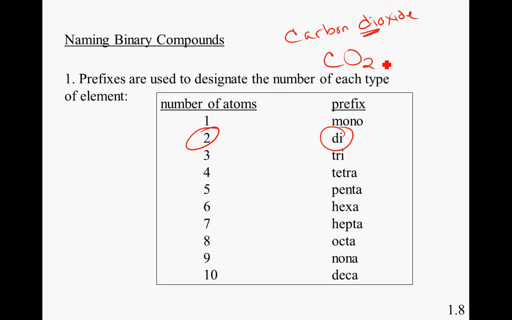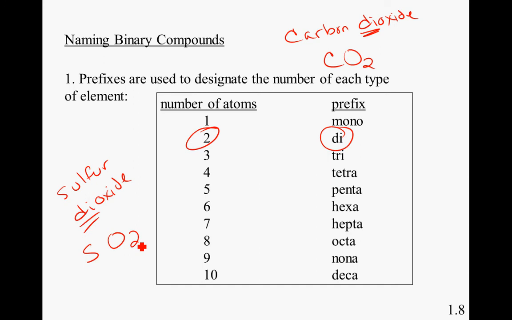Placing one of these in front of the name of the element indicates how many atoms there are. For instance, sulfur dioxide also has 1 sulfur and 2 oxygens. Notice the di. Once again, the di means 2, so that's sulfur and 2 oxygens.